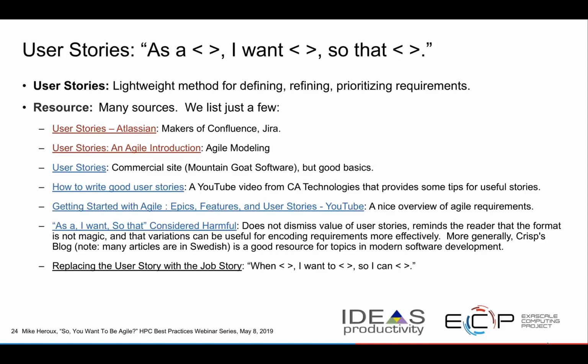And then, as I mentioned, the job story is: when, and so instance, what kind of situation, I want to do something so that I can accomplish something. And so rather than being role-based, it is activity-based. And I think in some of our scientific software efforts, we don't have so many roles in terms of how the software is used.